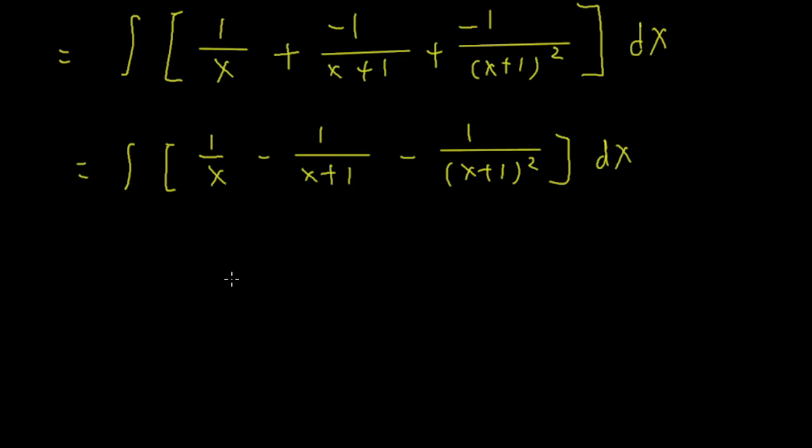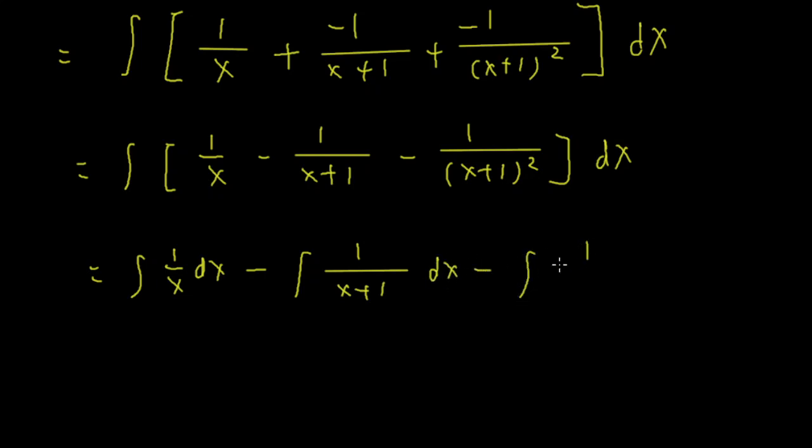Now we can integrate each term individually. So let's do this. Integral of 1 over x dx minus integral of 1 over x plus 1 dx minus integral of 1 over (x plus 1) squared dx.